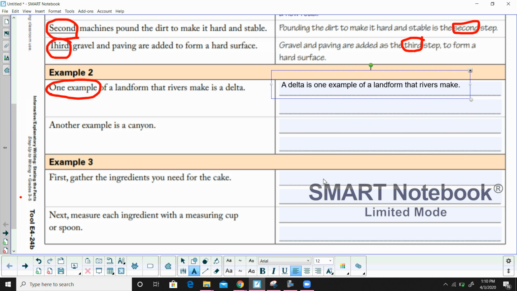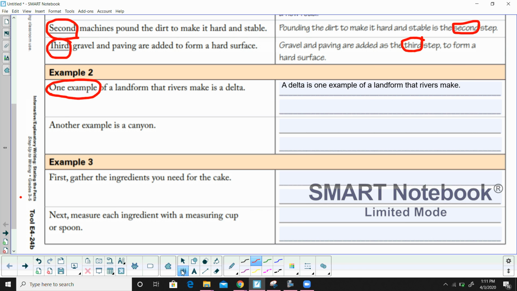Okay, that makes sense. Now, obviously, this paragraph is describing different landforms that can be made by rivers. So let's take a look at the next sentence for the same example. The next sentence says, another example is a canyon. My transition here is another example. It tells my reader that I'm getting ready to give you another example of what I'm talking about.